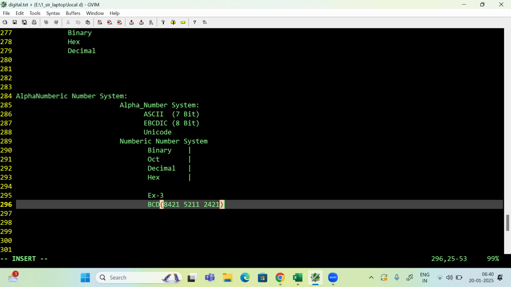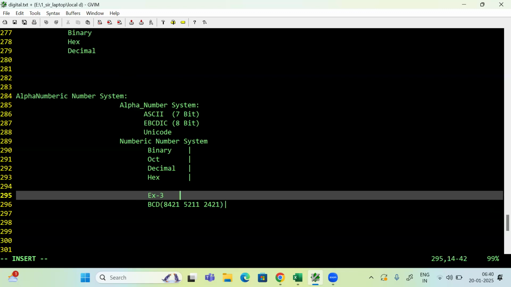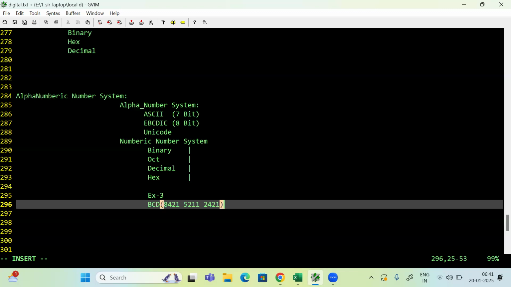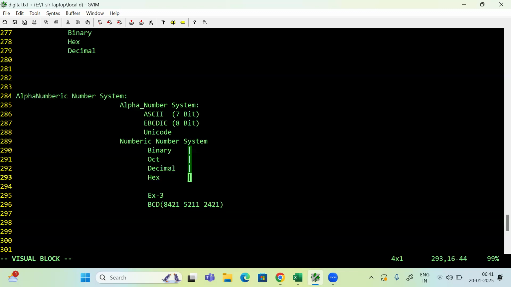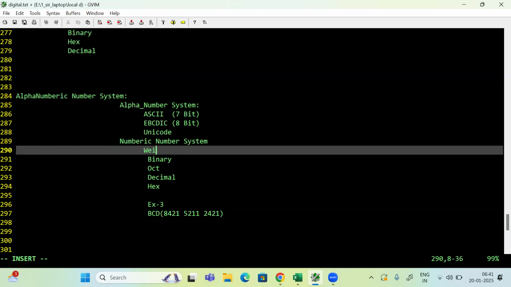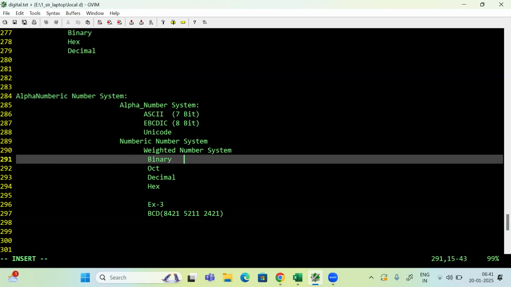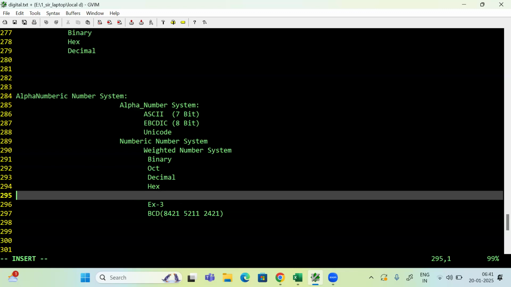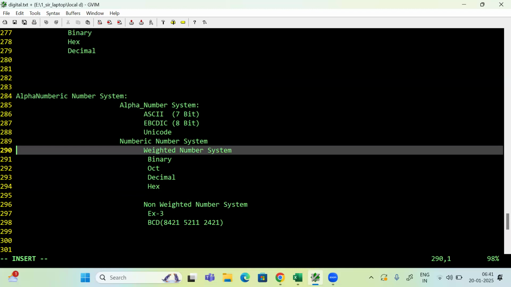So again, I can divide the number systems into weighted and non-weighted. Clear? Does anyone have any doubt?